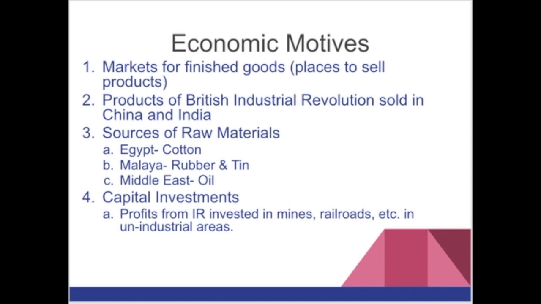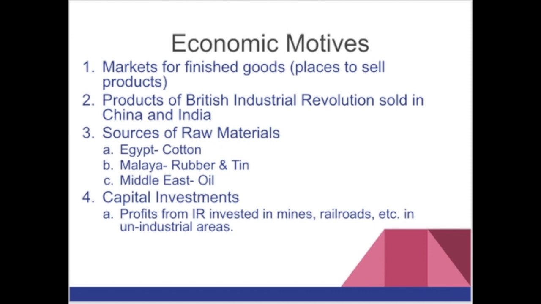They're also looking for sources of raw materials. For instance, Egypt had cotton, Malay had rubber and tin, and the Middle East had oil that would become essential in the early 20th century or the early 1900s. They're also looking to make investments and possibly to expand their factory systems.